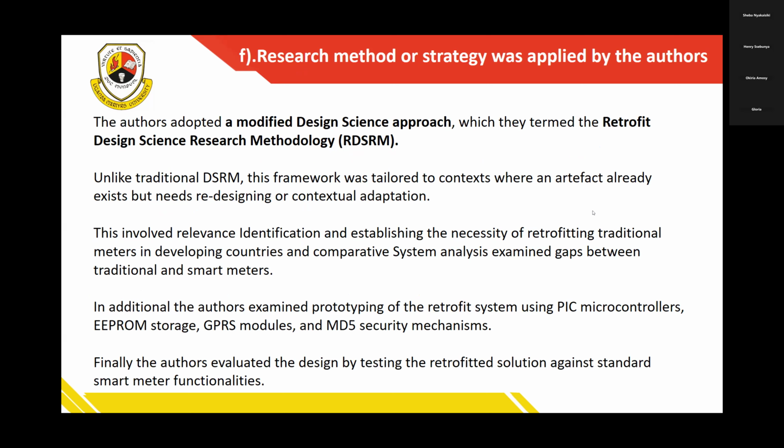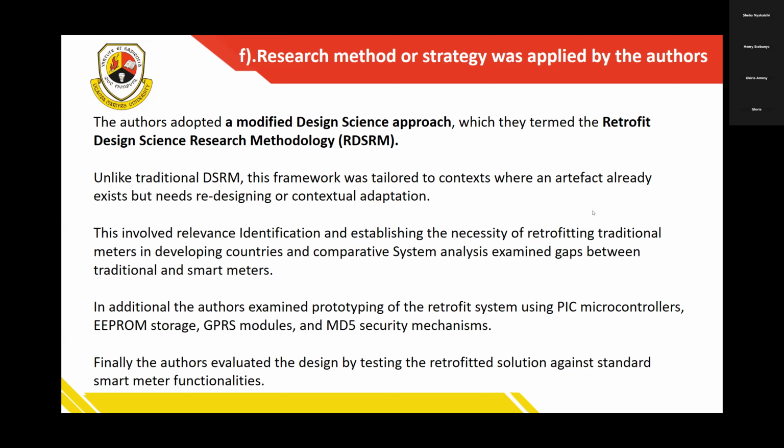Remember at the start, I told you the meaning of retrofit and that the main aim of this research was not to replace everything with a new thing, but to remodify, to add, to enhance the existing traditional meters. That's why they adopted a modified design science approach. And they gave it a name: the retrofit design science research methodology.